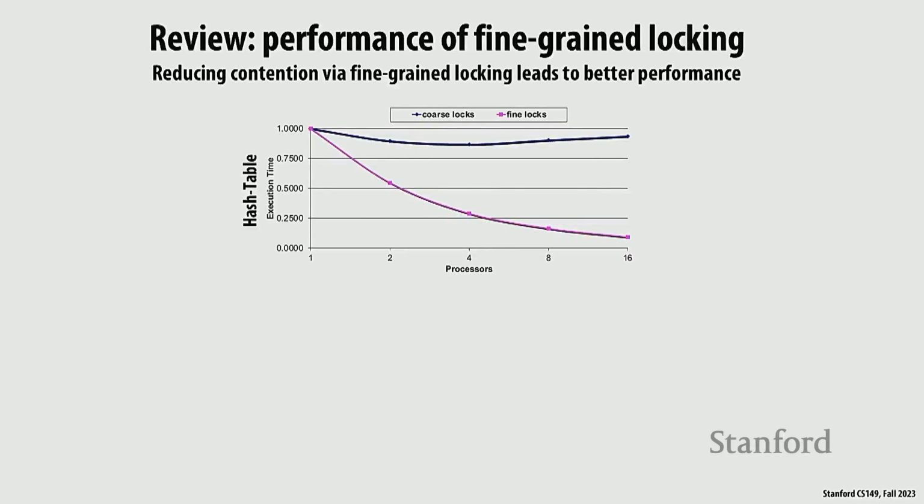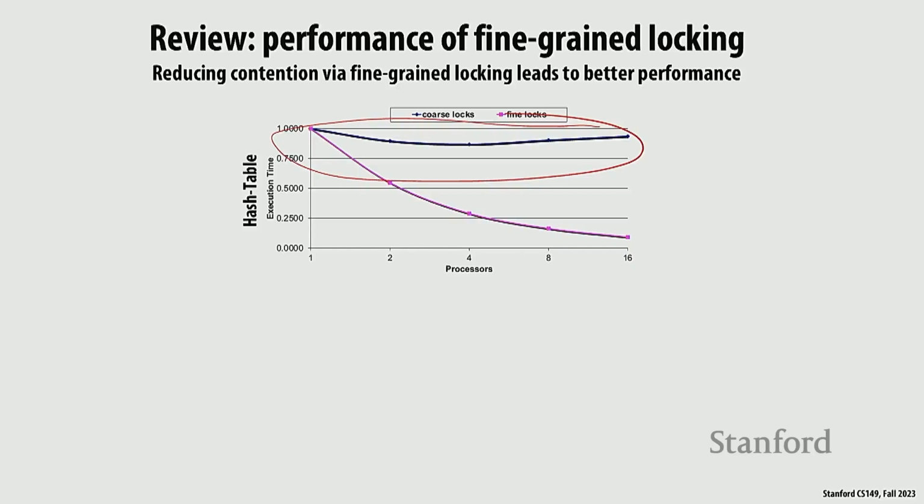So in this case, we're looking at the execution time, so lower is better, from 1 to 16 processes. And so with the synchronized whole hash map, you see performance roughly doesn't improve with parallelization because you don't have enough concurrency.